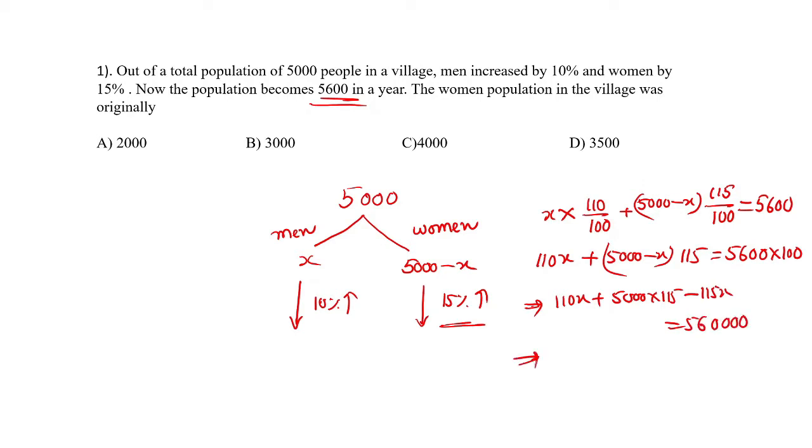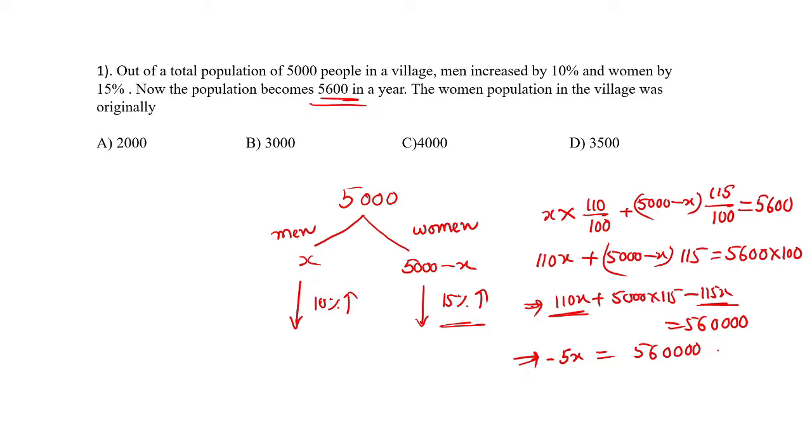Then 110X minus 115X, that is minus 5X, equals 560,000 minus 5,000 into 115.